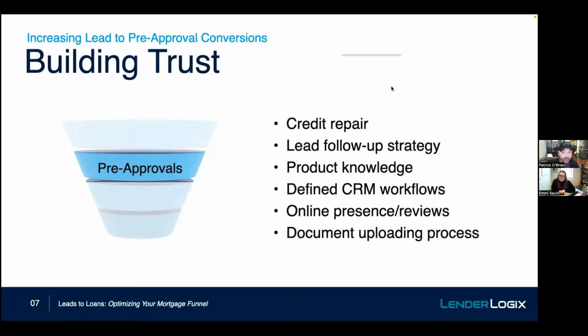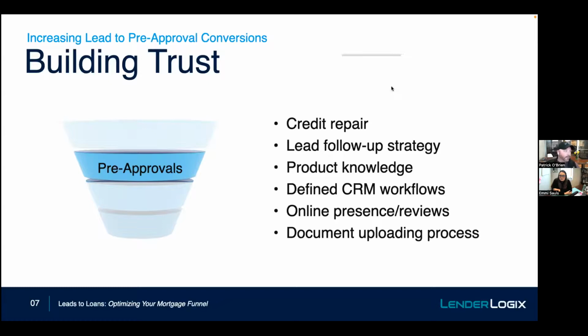Product knowledge. Every loan officer knows, maybe I can't get the borrower qualified for this loan, but I can get them qualified for that loan. Maybe I can't get them with the FHA minimum down, but if I change it to 5% down, in a 20-year term, I can get that approved. Those are things we can do to help move that borrower into that qualified versus unqualified stage to increase that conversion percentage.